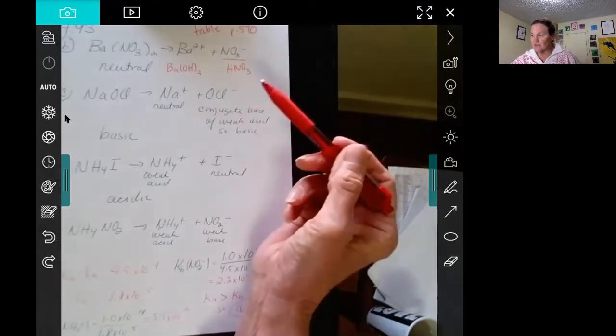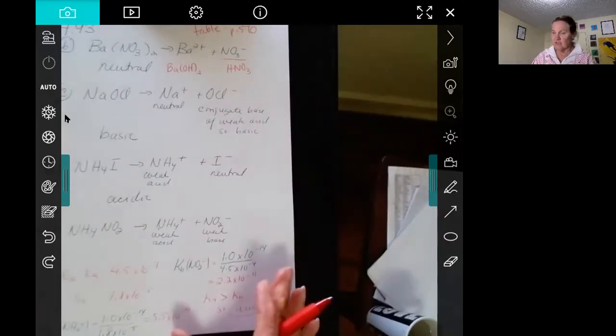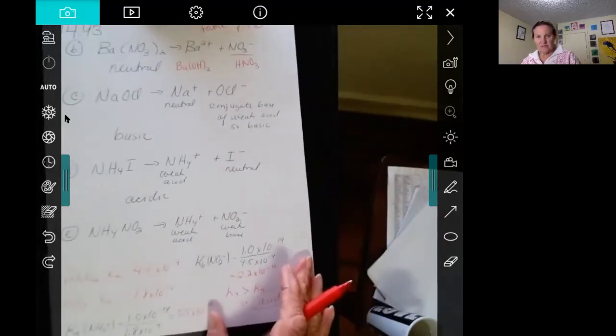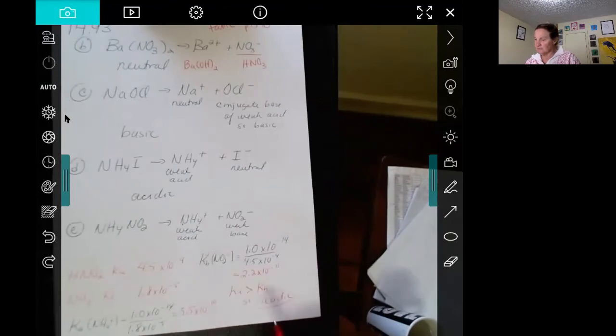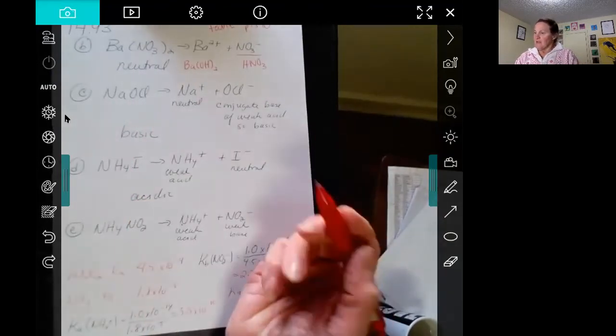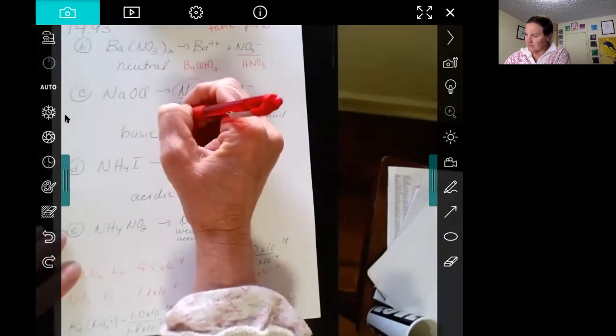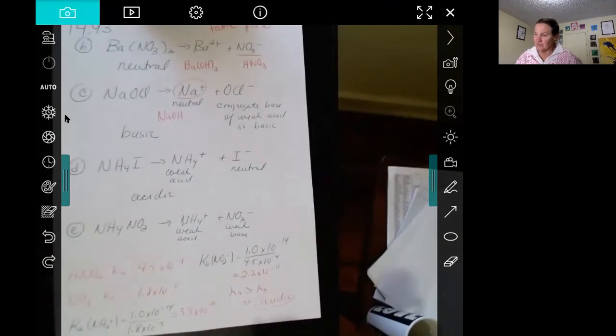So you can think it through that way, and you can also use the table on page 570, which just summarizes that idea into rules. So this one, NaOCl, this is similar to the barium argument. That's going to be neutral because it's a conjugate acid or the anion from a strong base.